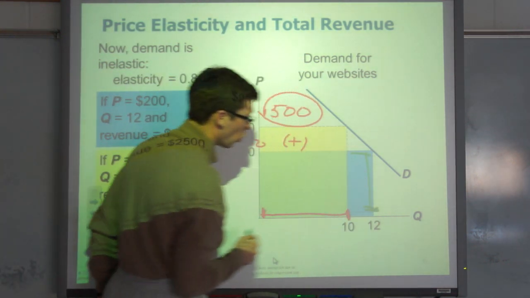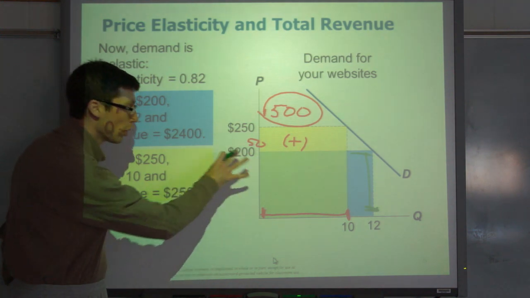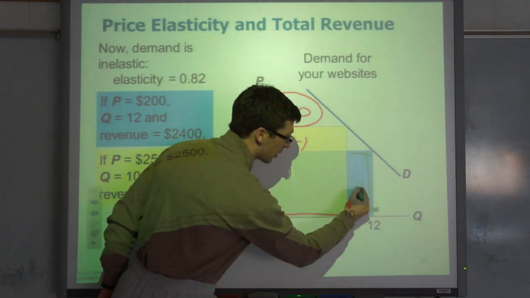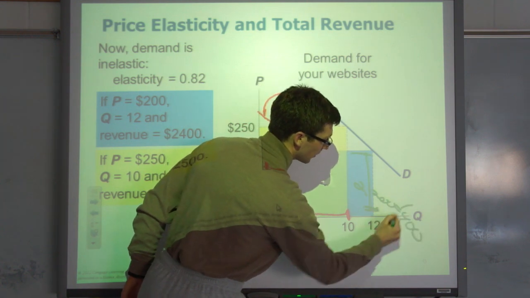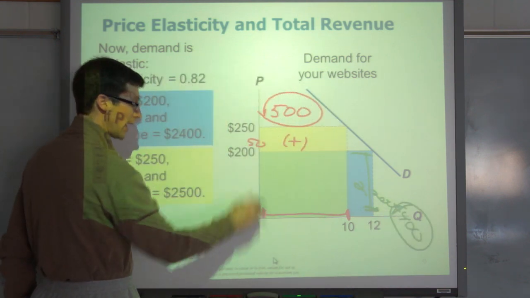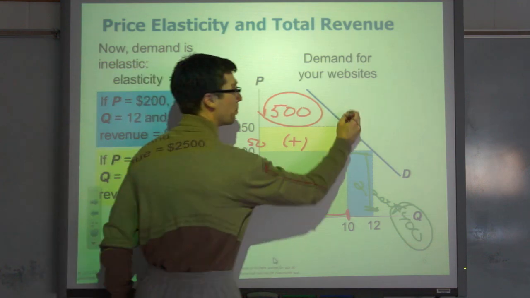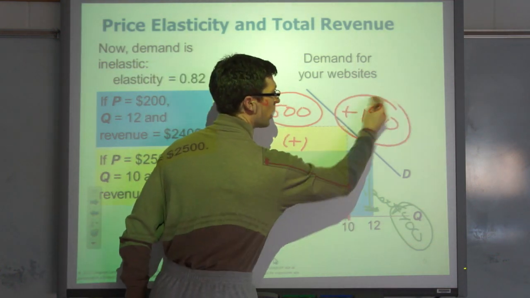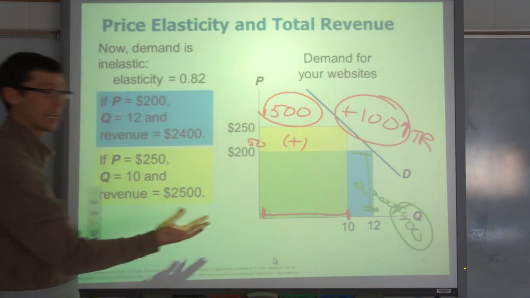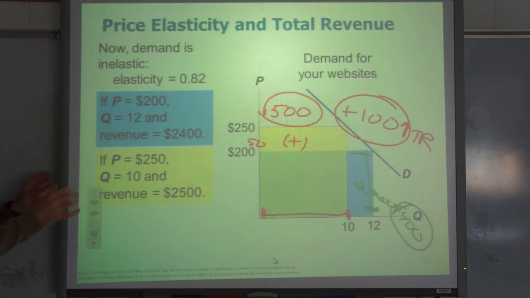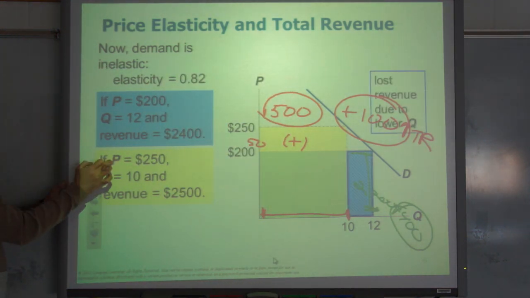All right? We're losing out on $200 per unit, and we're losing out on 2 units. 2 times 200 gives us 400. So that's negative, this is positive. The net effect is a positive $100 increase in total revenue. And again, that's because it's an inelastic curve and we increase the price. Okay.